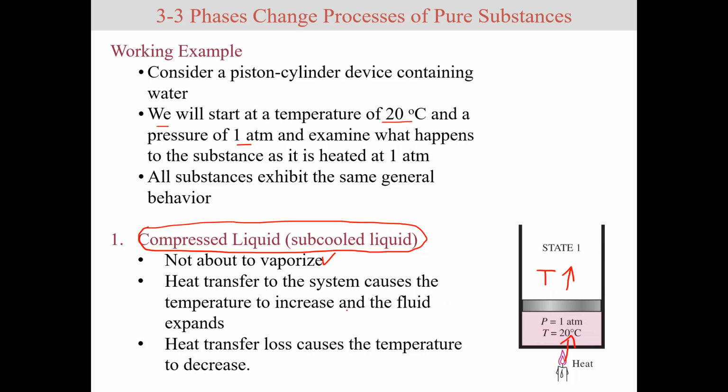Heat transfer to the system causes the temperature to increase and the fluid expands. And what happens if I remove heat? The temperature will decrease. So heat transfer loss causes the temperature to decrease. That's region 1, called compressed liquid.